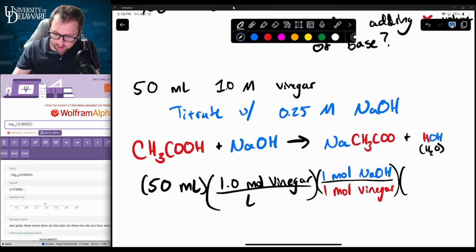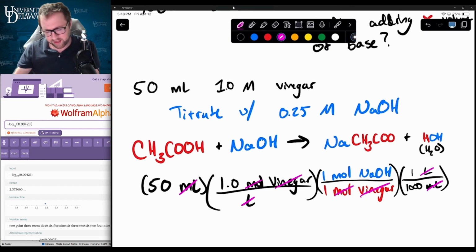Lastly, we need to deal with this liter versus milliliter mismatch. So to bring those units together, it doesn't matter which direction we go. I'm going to put 1 liter per 1,000 milliliters, and that'll cancel that out. And we just double check that things that needed to cancel did.